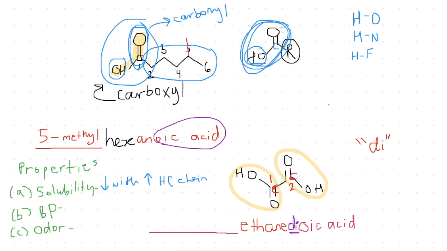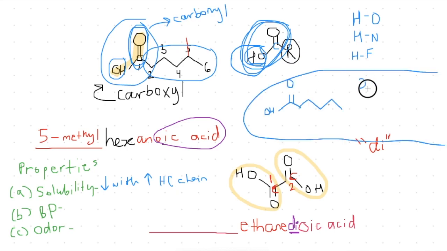Now if we look at the boiling point of a carboxylic acid, we have hydrogen bonding within the shape, and not every functional family has that. This highly increases the intermolecular forces within the compound, making it harder to break apart and giving it a higher boiling point. For example, the boiling point of hexanoic acid is 205 degrees Celsius.